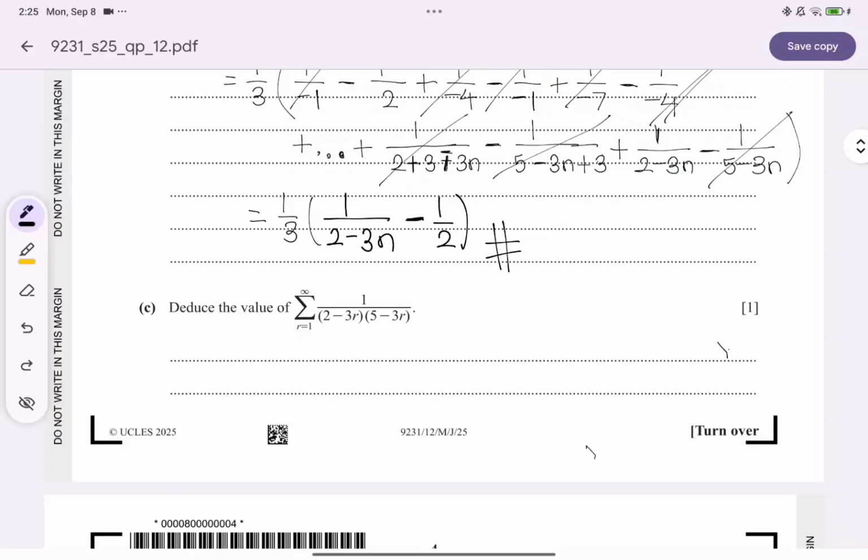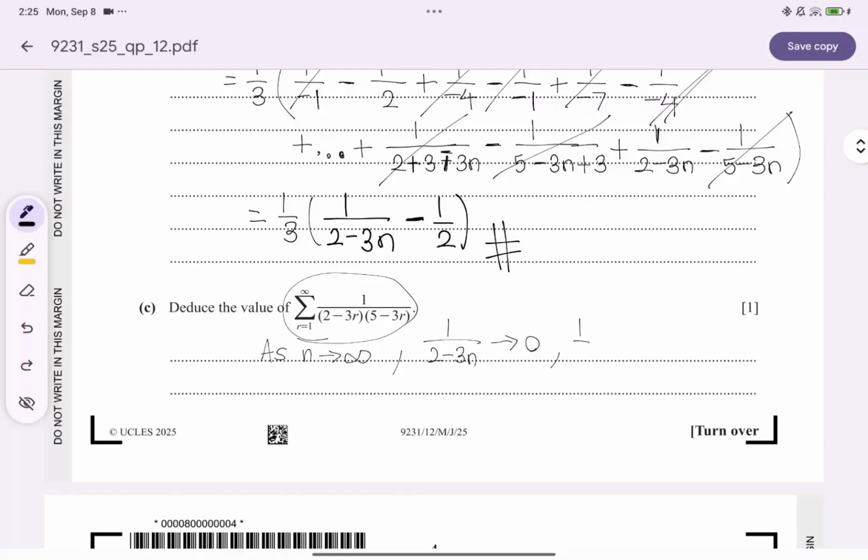Okay, so now we're just going to have to deduce the value of the sum to infinity of this expression. So we're going to use our answer from the previous part and substitute infinity into n. Okay, so as n approaches infinity, as n gets bigger and bigger, the denominator of 1 over 2 minus 3n will get bigger and bigger, so this would approach 0.